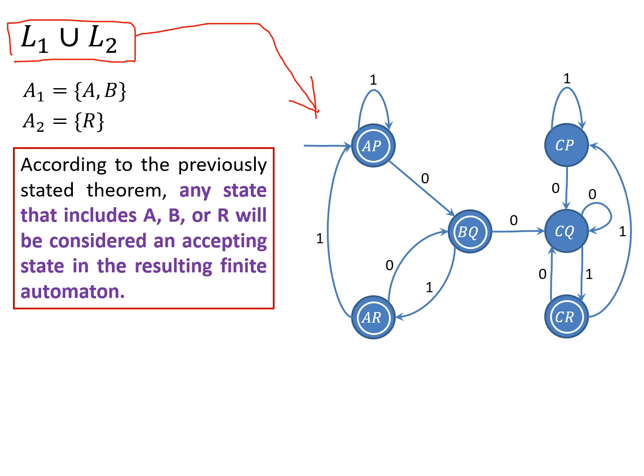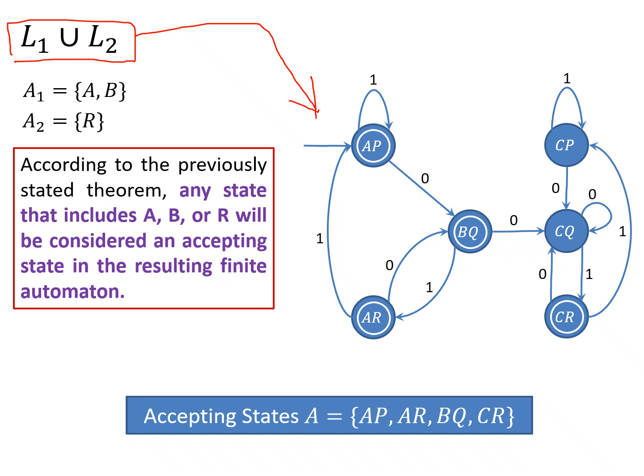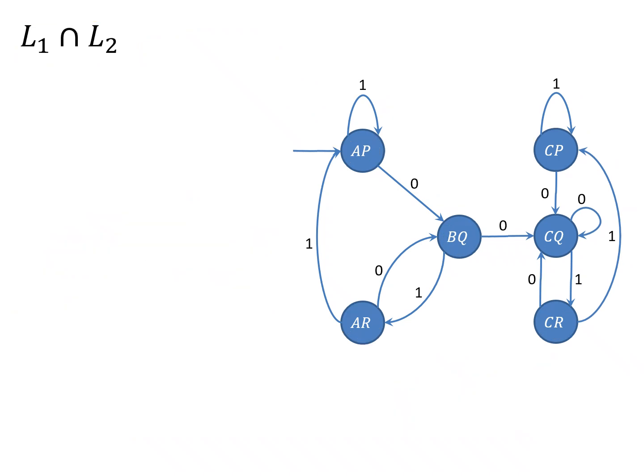Similarly, once the DFA is constructed, by only changing the final states we will get the remaining resulting automata, that is L1 intersection L2. Let us see this. So accepting states are AP, AR, BQ and CR, right? This will be this. Next, I need to compute for this DFA. Only the final states you have to change.